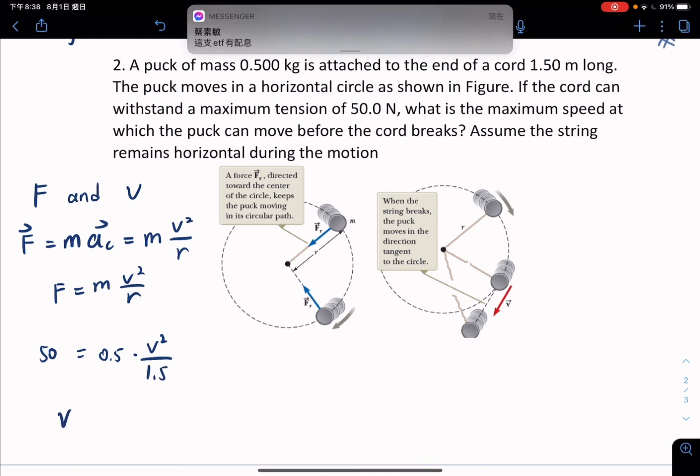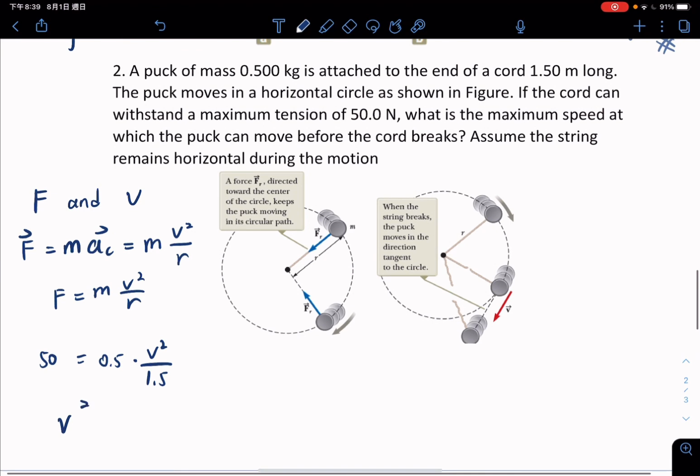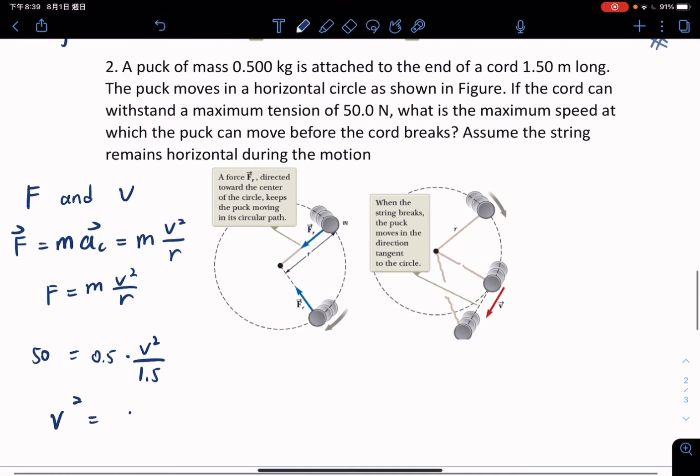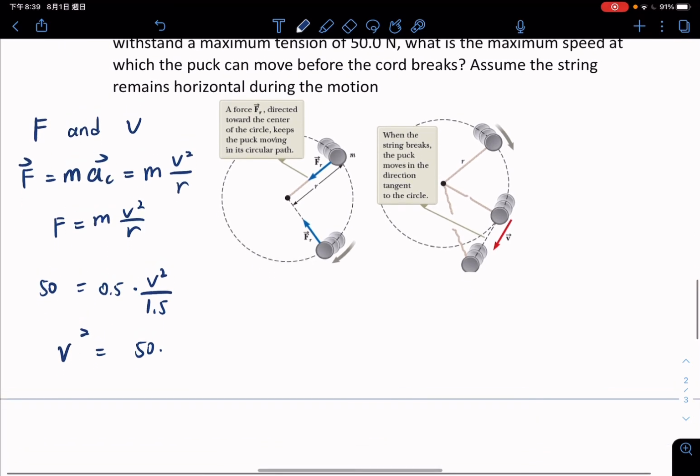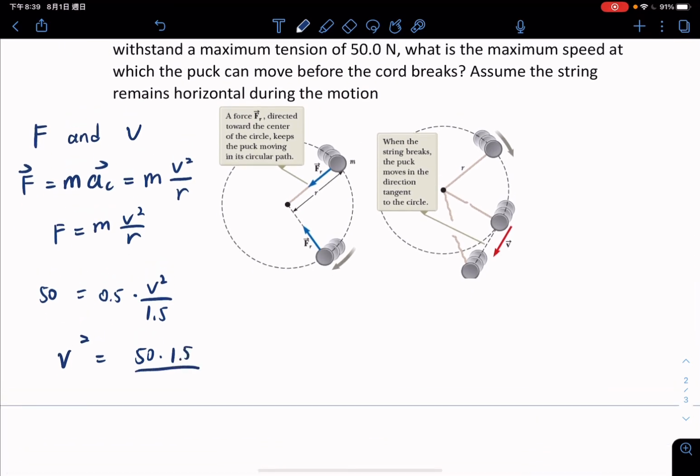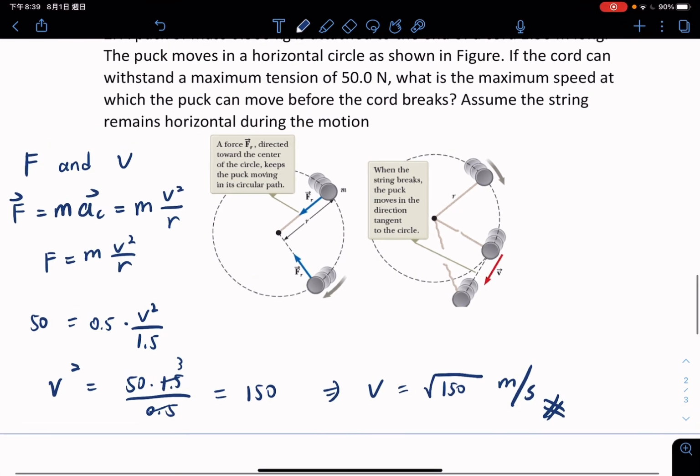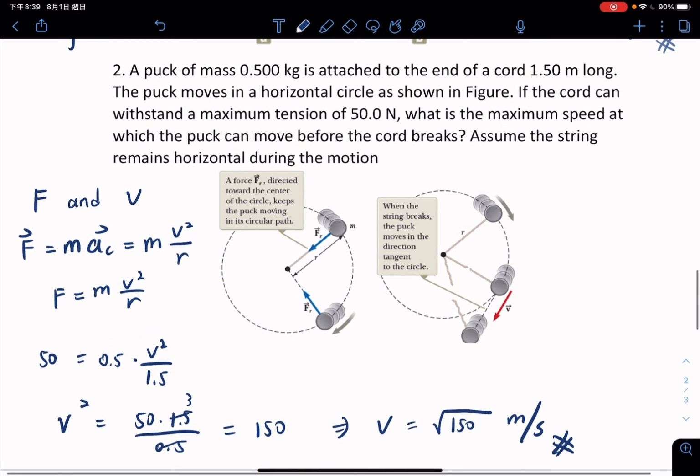And then V squared is equal to 50 times 1.5 over 0.5, and so V is equal to that many meters per second. Okay, so it's pretty easy, right?